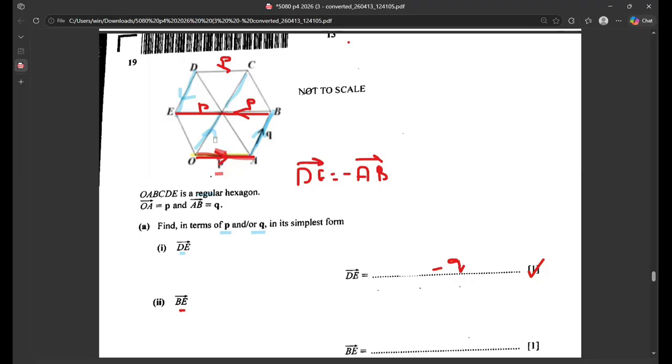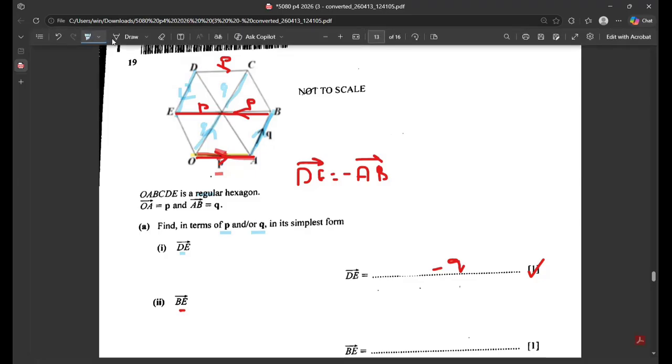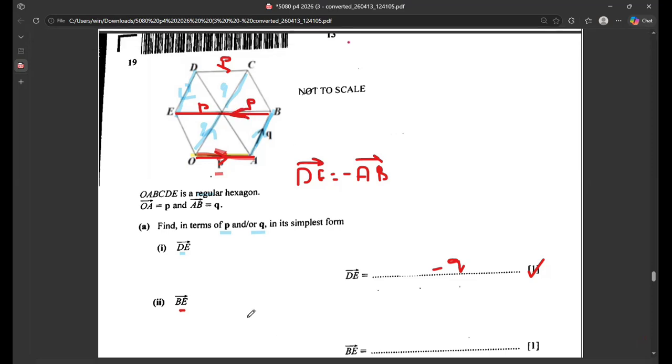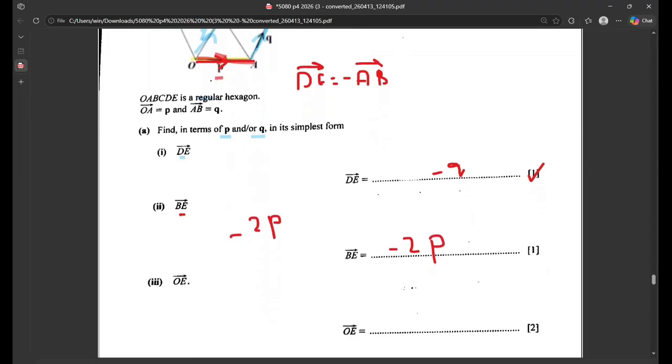And this in this direction also is a Q. So these are Q's. For the BE here, it would be equal to the inverse direction, which is equal to negative 2P. Negative 2P. Okay, and we get another mark from these vectors.